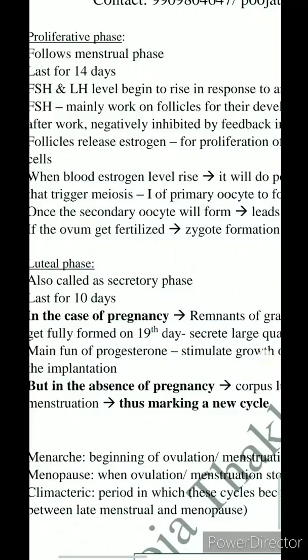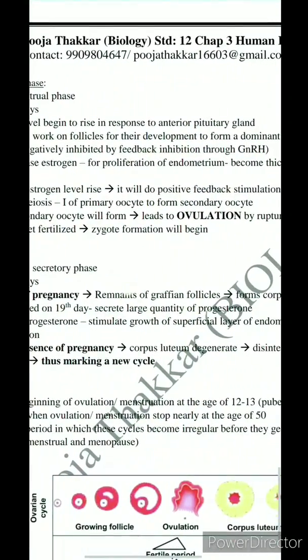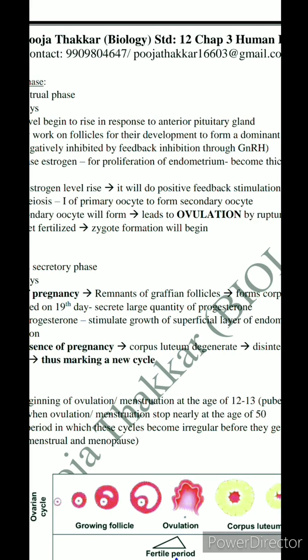At that time, it will trigger meiosis 1 of the primary oocyte to form the secondary oocyte for the release of the secondary oocyte out of the follicle for further development.